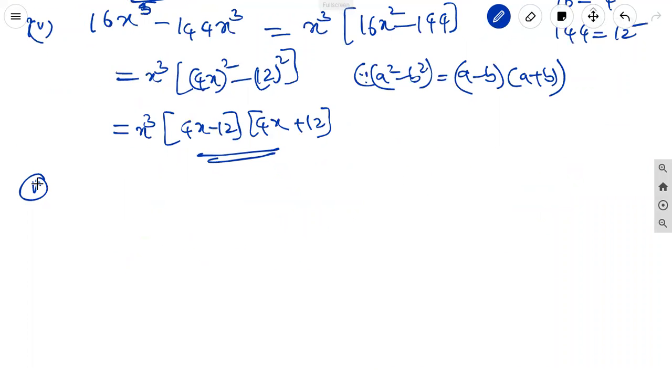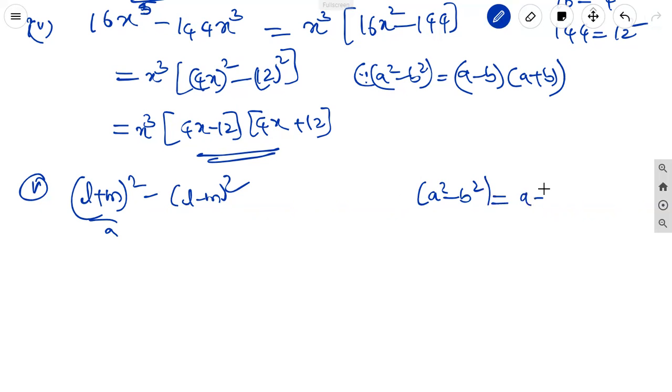Fifth one, (L plus m) whole square minus (L minus m) whole square. It is directly in the form of a square minus b square.